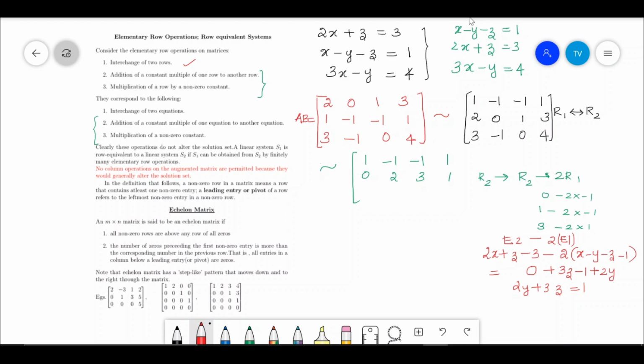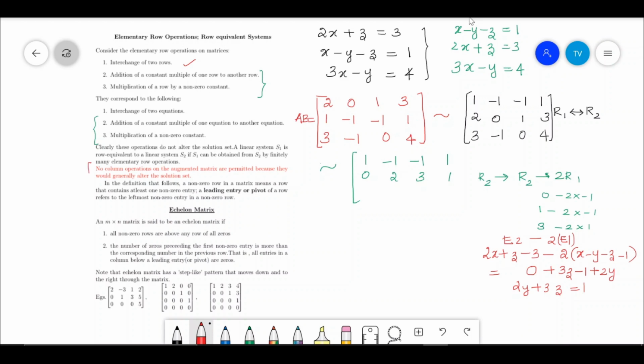So that means these elementary row transformations are equivalent to corresponding operations that we do in linear equations. So clearly these operations do not alter the solution set. A linear system S1 is row equivalent to a linear system S2 if S1 can be obtained from S2 by finitely many elementary row operations.